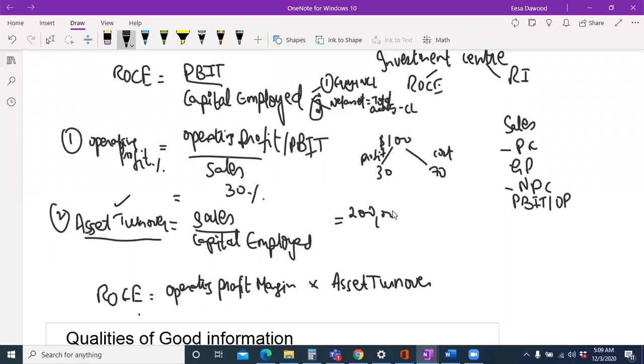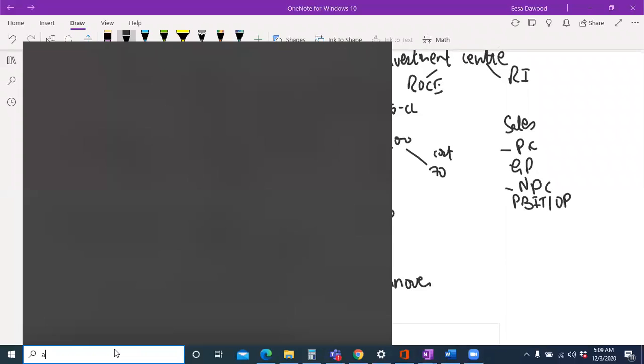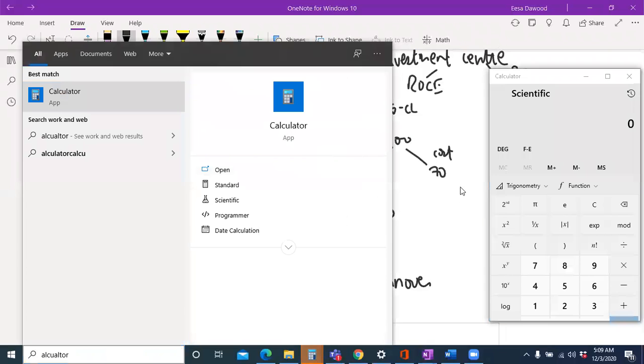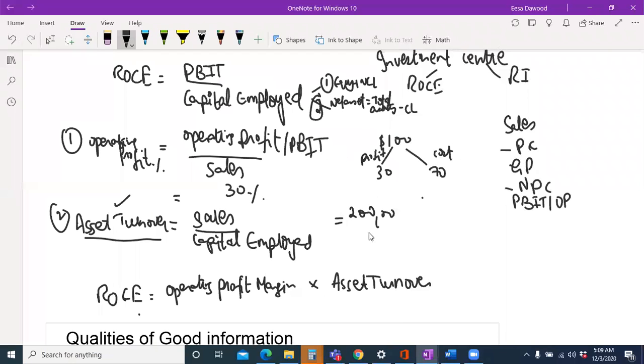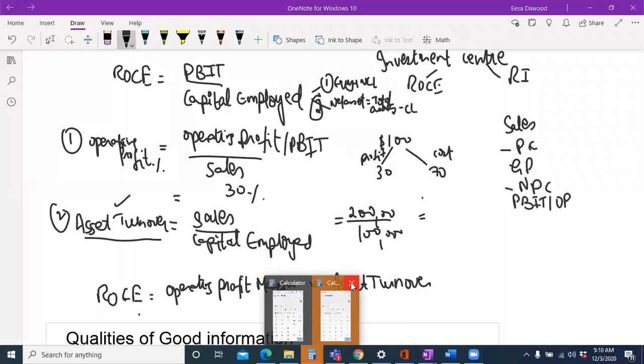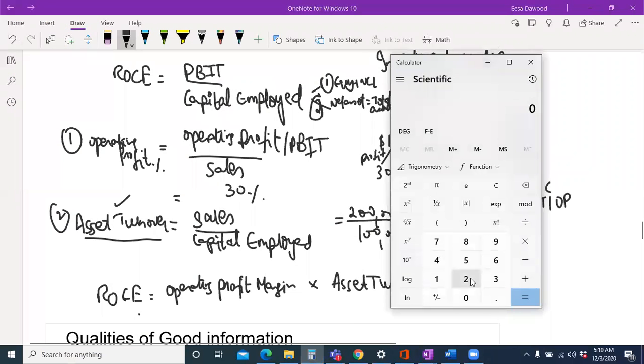For example, if 2 lakh is the sale and 1 lakh is your investment, sale is how many times the investment? 2 lakh divided by 1 lakh.